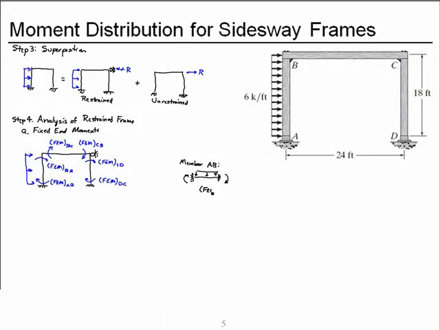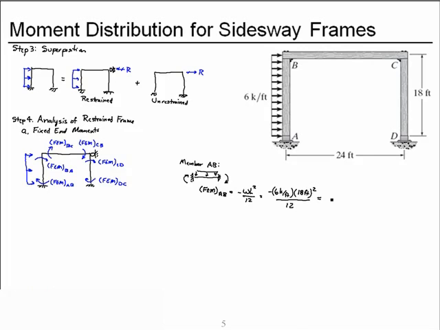So the fixed end moment AB is minus omega L squared over 12. And that equals a minus 6 kips per linear foot times the 18 foot length squared over 12.